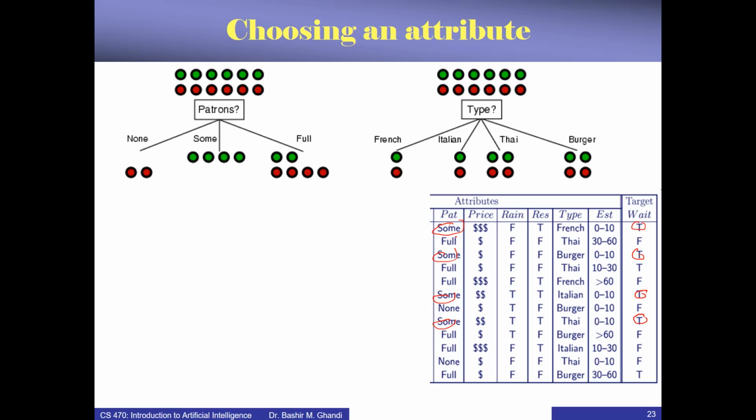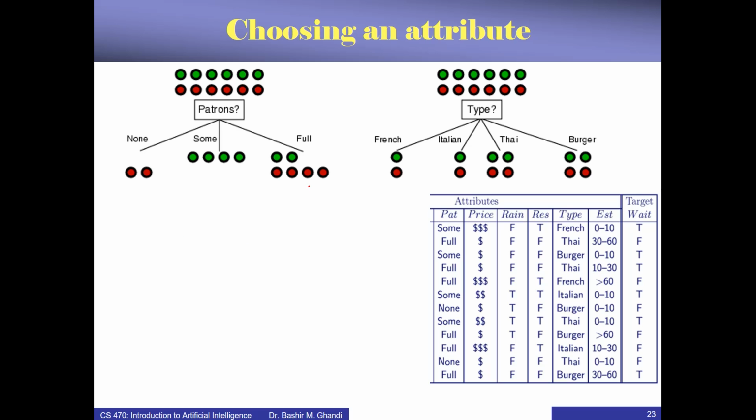Those are the four some, and all of them are true. We mark them here with green color to indicate that they are all true. Again, all the examples have the same output, so this is going to be a leaf node, and we're going to return true for this particular leaf node.